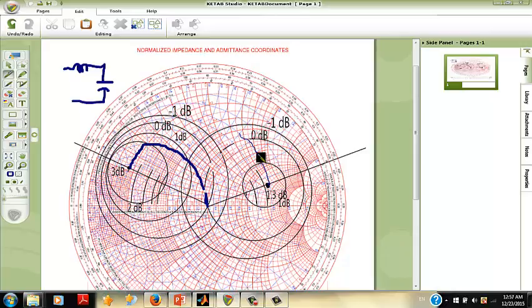This is the intersection with the resistance circles. Now we add a series capacitance. The matching network for the load is a parallel inductance and series capacitance.